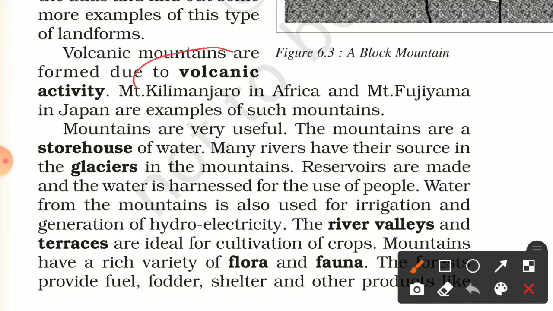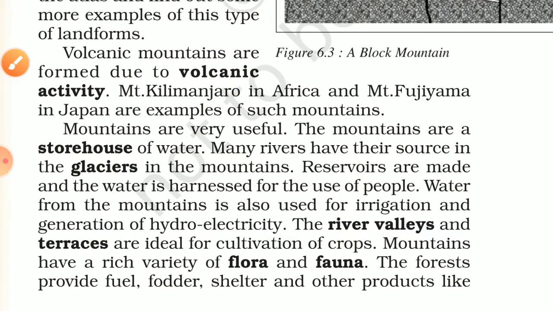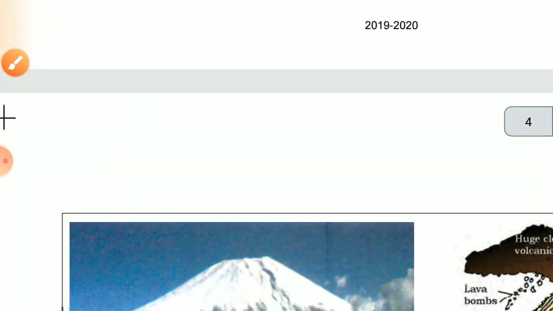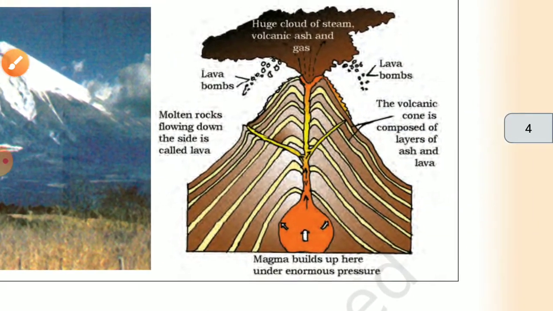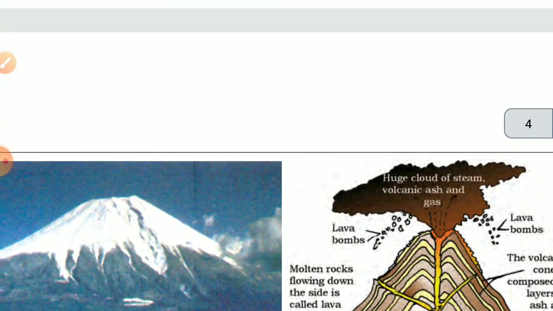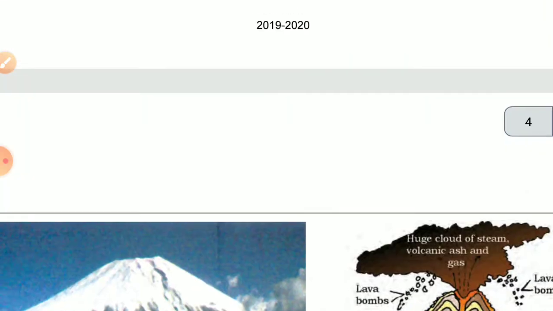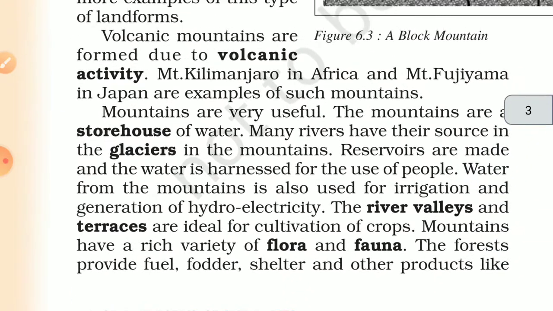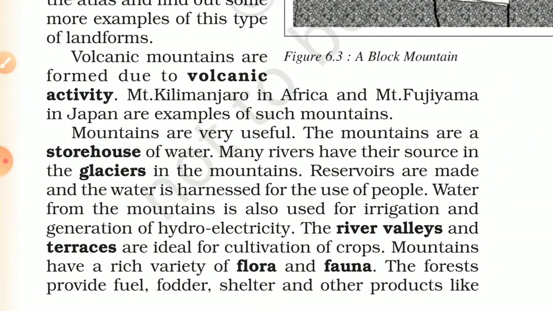In these mountains, I will show you, you will see this volcanic mountain contains lava, which we call molten magma. This is what we call volcanic activity in a volcanic mountain.